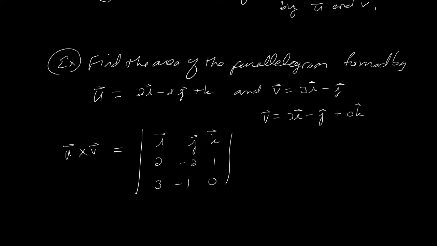Whichever way that vector is pointing, the cross product that we get, it's irrelevant because we're going to find the magnitude of that vector to describe this area. So I can choose to put v first and cross v with u, or I can choose to cross u with v. It does not matter.